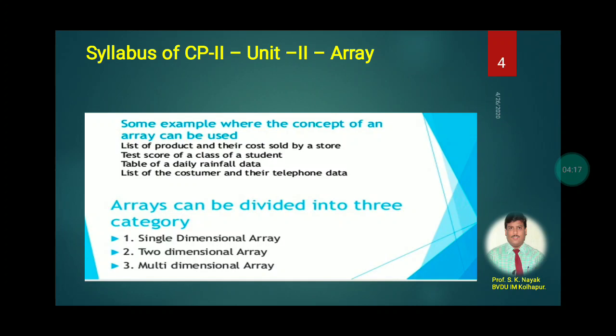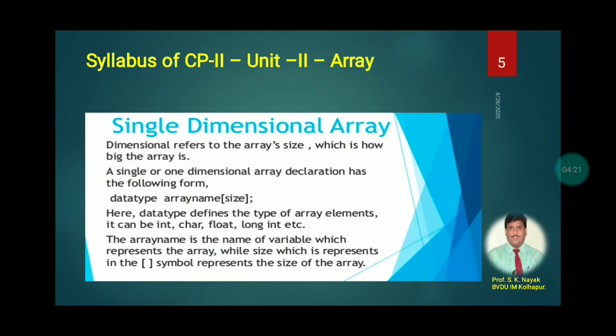A single dimensional array has a size or capacity to hold the values in one manner, whereas the two-dimensional and multi-dimensional arrays have different sizes or structures to hold the data.